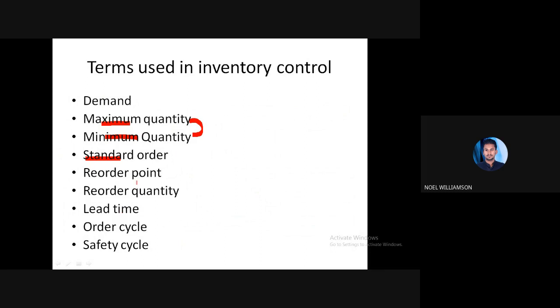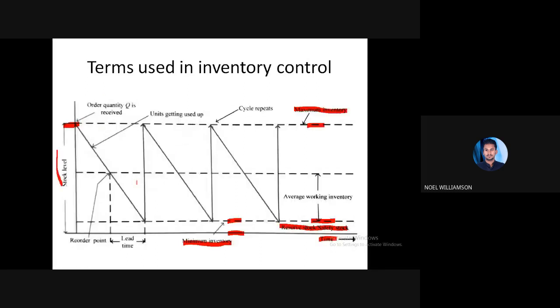Now, reorder point. Reorder point means, initially the stock level is like this. Then after utilizing, the stock goes down and reaches a minimum value. This is the minimum value, not zero. At that time, the stock should be increased to the maximum value.